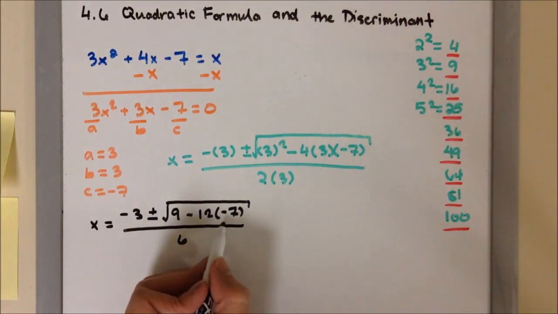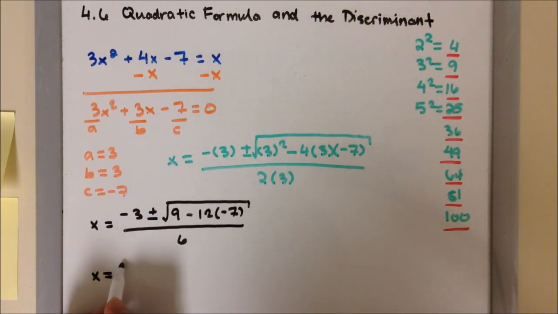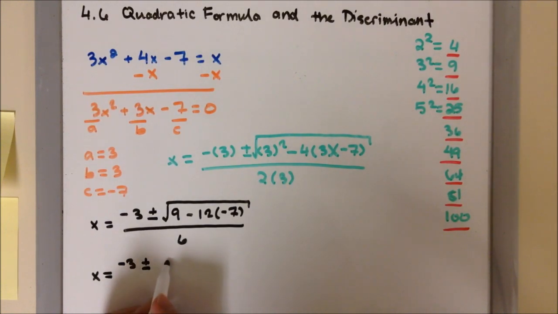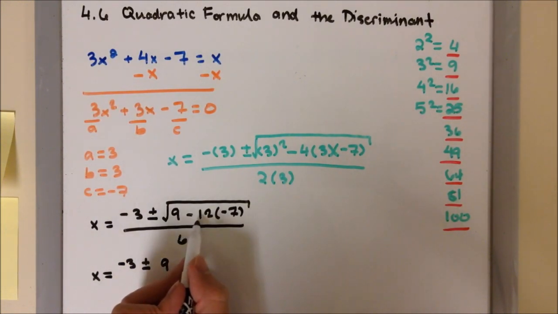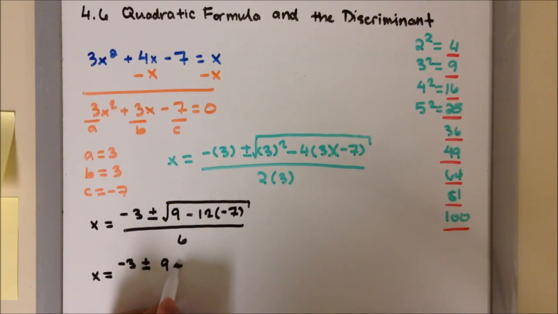Alright, now I'm going to simplify this. So I'm going to continue writing over here. This is going to be negative 3 plus and minus the square root of my 9. Now I'm going to do negative 12 times negative 7. That's actually going to be positive 84.